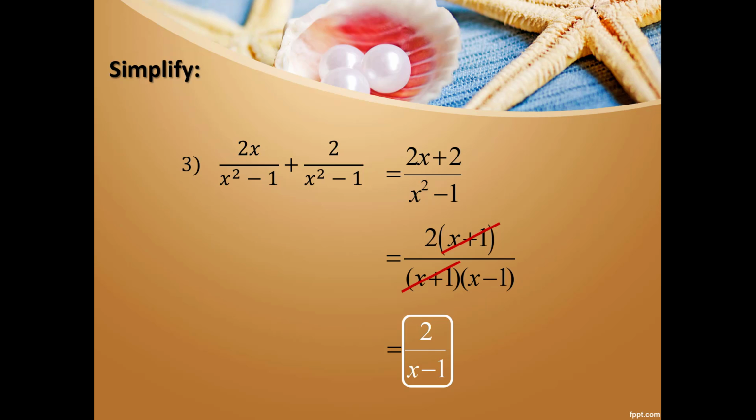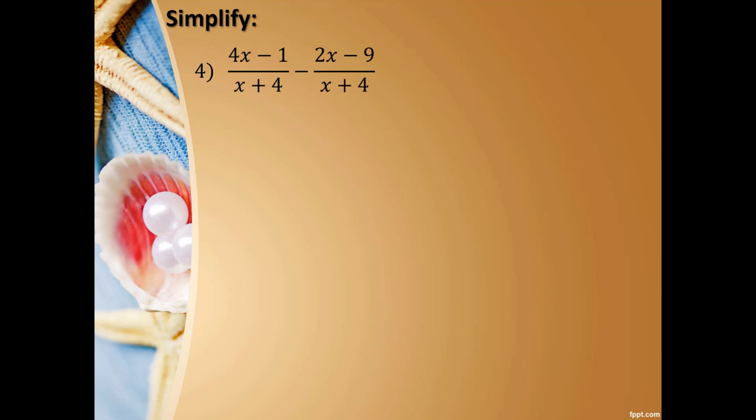Let's do one more example to finish this up then real quick. So on our last example here, we've got 4x minus 1 over x plus 4 minus 2x minus 9 over x plus 4. So on these top two, let's go ahead and subtract them on the numerators over the same denominator. So if we do that, we get 4x minus 1 minus, in parentheses, 2x minus 9, all over x plus 4.